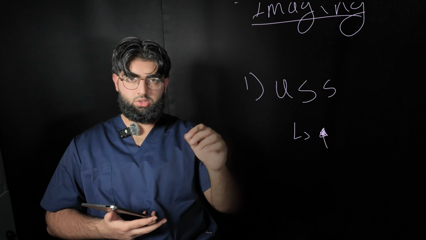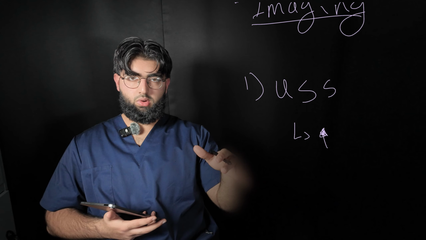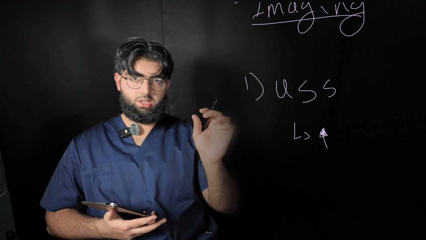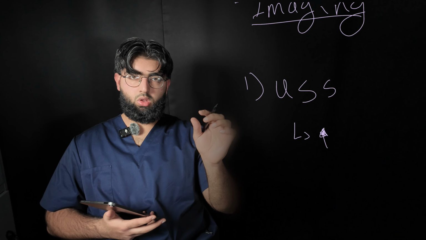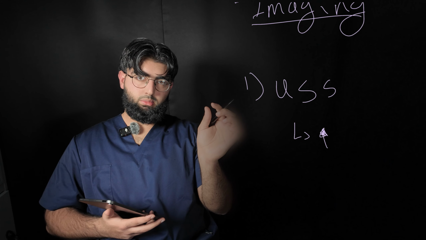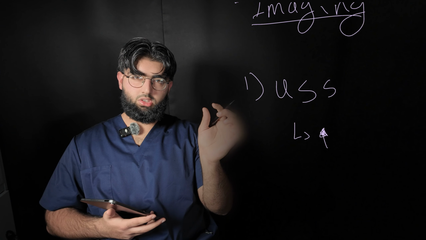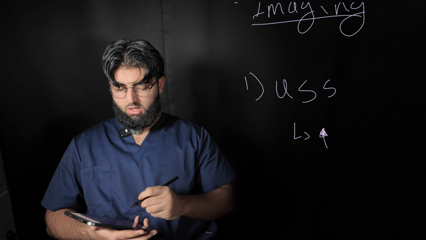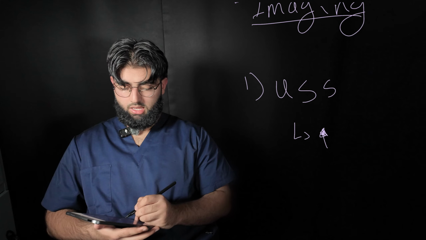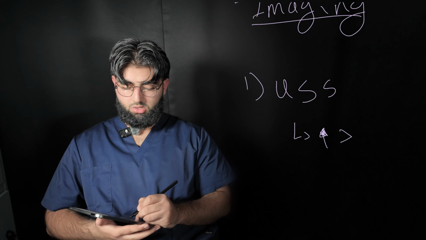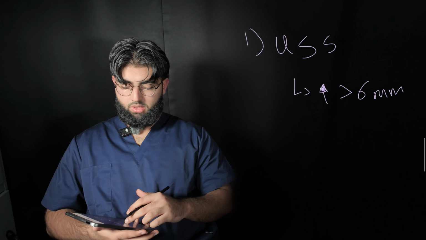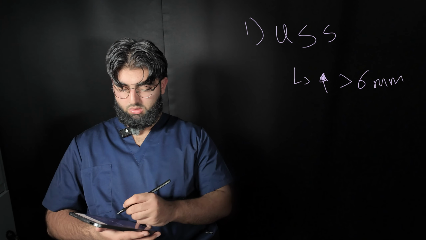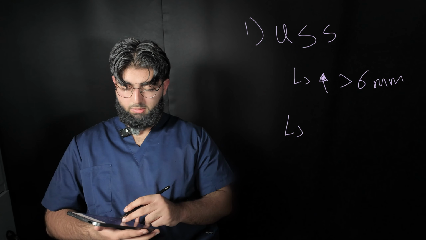And because of that obstruction, there is a decrease in the outflow, right? And because of that, it causes an increase in the pressure within the appendix wall. And due to that pressure, it causes a ballooning and a stretching of the appendix itself. So that's why you may see an increase in the diameter, usually greater than 6 millimeters, of the appendix, which may also confirm appendicitis, right?